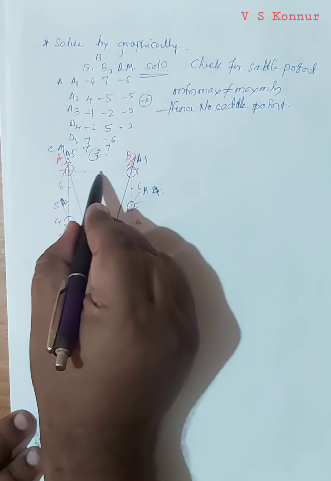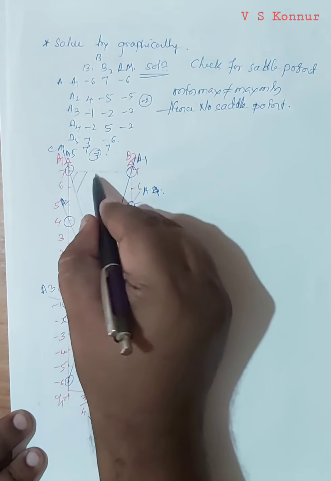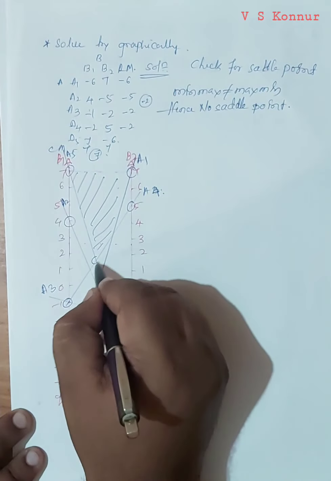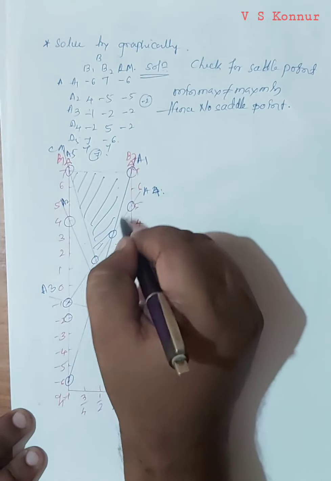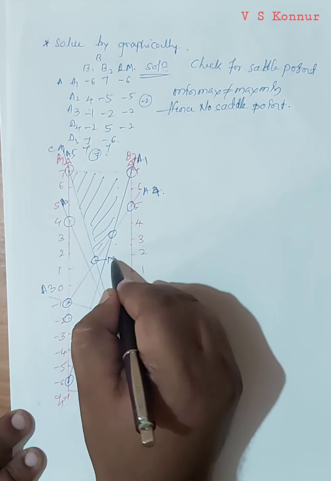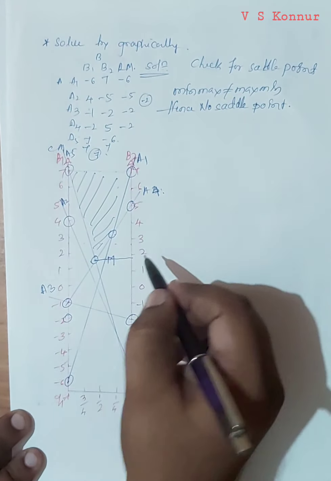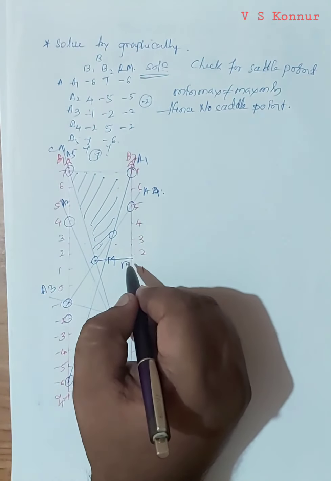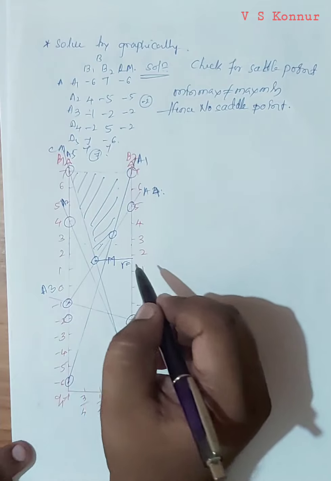Just I will mark here. This is the upper region. For that, the points which you are getting are these 4 points. In that, the lowest region you have to select, and it will give you the value of game. Value of game is equal to, you will get around 1.15.